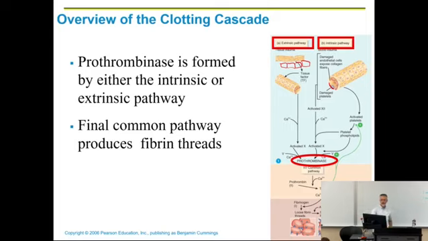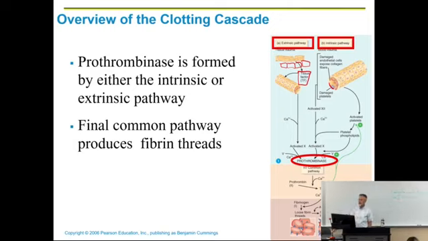So extrinsic is outside, intrinsic is inside. Extrinsic, the thing that starts it off, is basically things from the tissues outside of the blood vessel, like tissue factors, that will then stimulate the whole clotting cascade to occur.